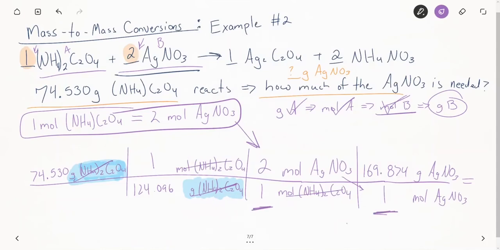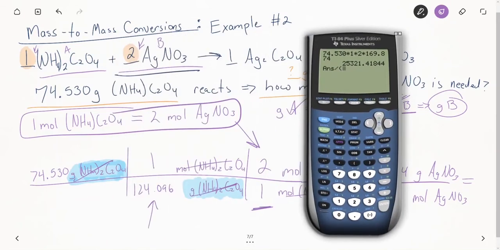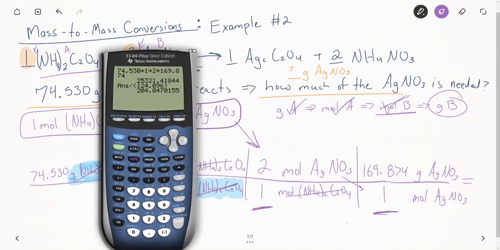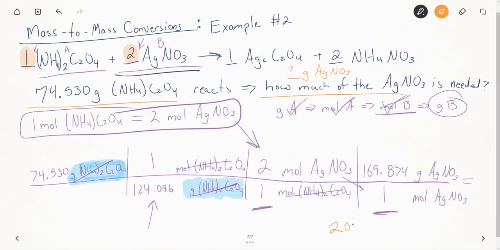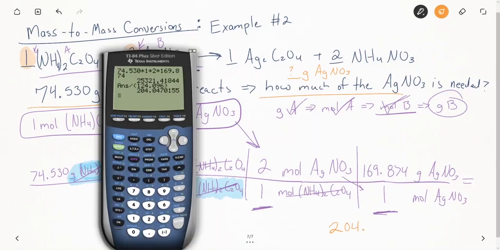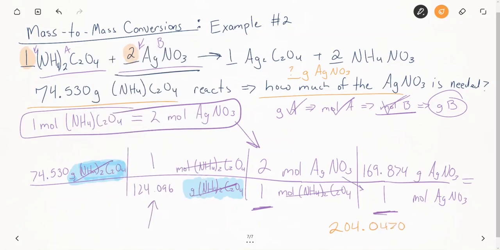So I really need to divide mainly by that number of grams, 124.096. So our answer here is 204 with a whole bunch of numbers. Let's write that down: 204.0470, in this unit here, grams of the silver nitrate.